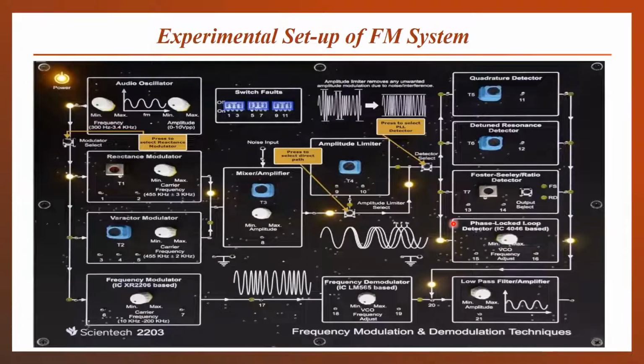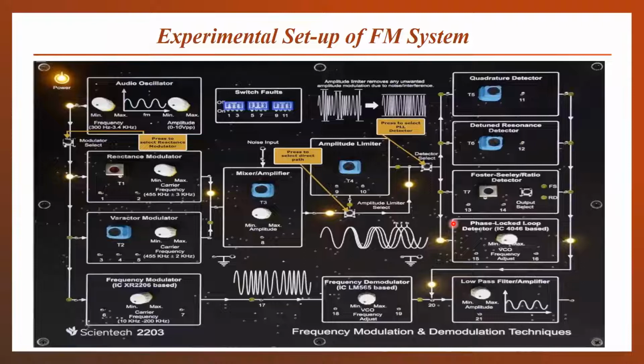So this is an experimental setup again shown. I have used here the PLL detector, and the modulator used here is the reactance modulator. You can see that the input from the audio oscillator is given to the reactance modulator. From the reactance modulator, the output is given to the mixer.